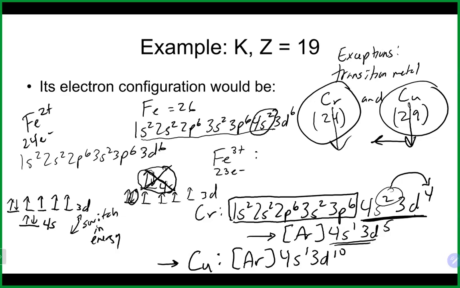We will end up with 1s2, 2s2, 2p6, 3s2, 3p6, 3d5. So transition metals are a little weird in the way they lose electrons. In a sense, they will always lose the s electrons that come before the d, because after we put the d electrons in there, they're actually highest in energy.